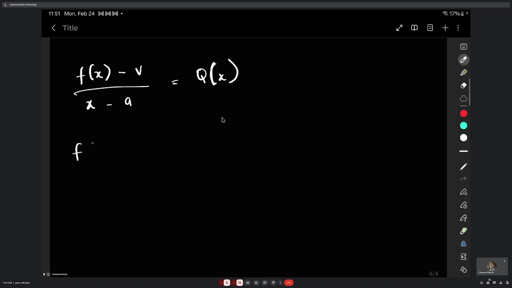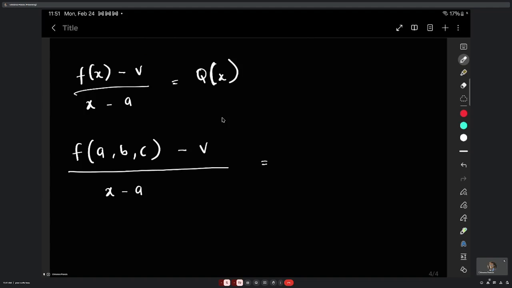Okay, let's outline what people have been saying. So this is f of a, b, c, minus v, and then we want to divide by x minus a. What is v? v is the evaluation at a, b, c.